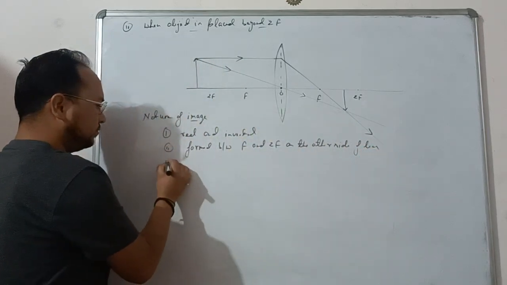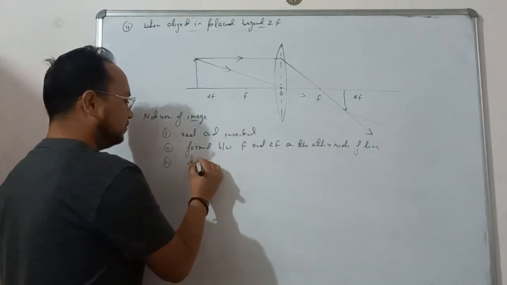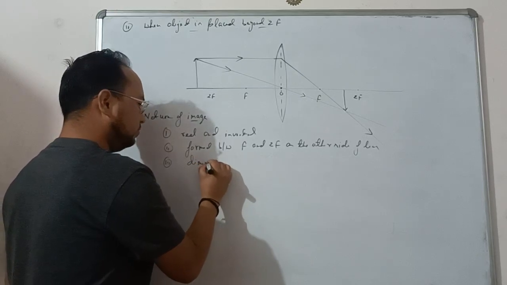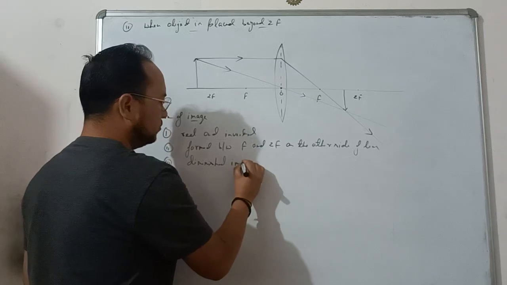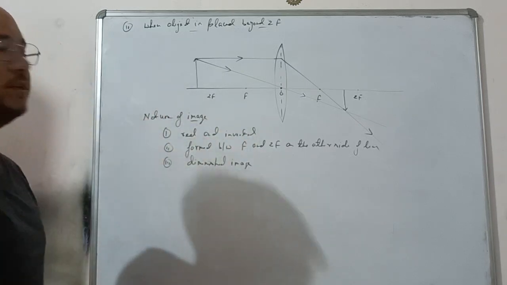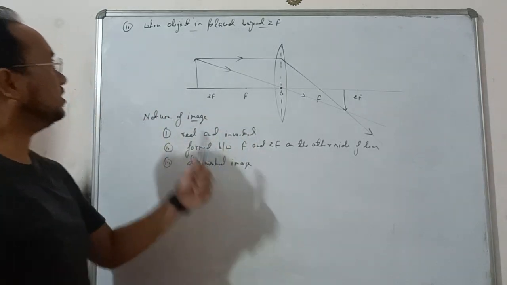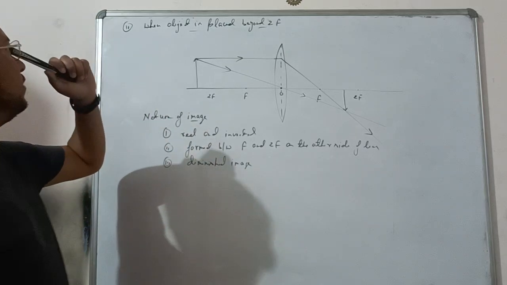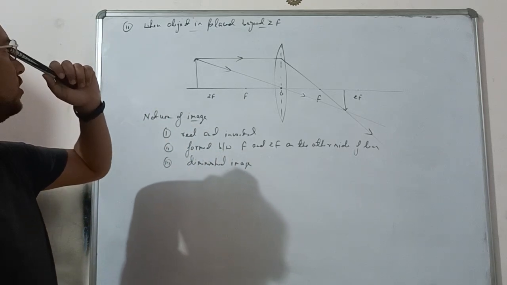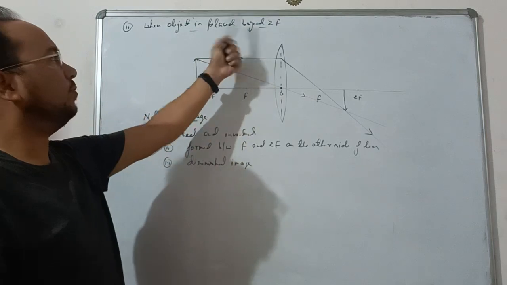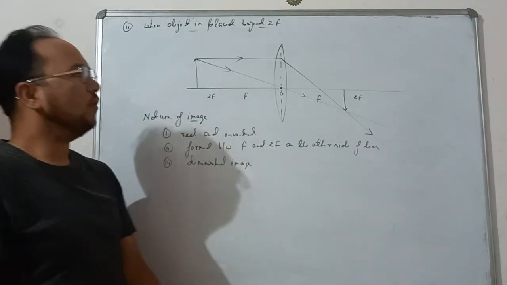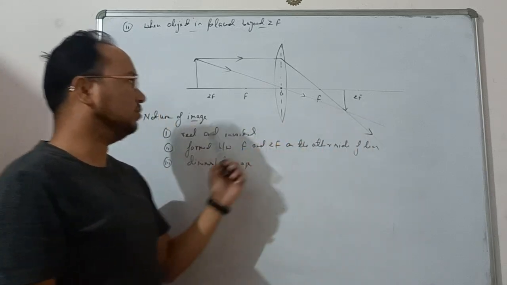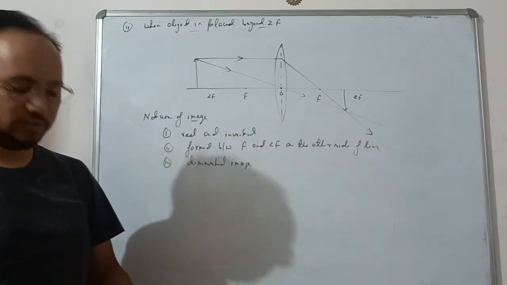And the last one is a diminished image. So this is the nature of the image. This is the second topic, where we have discussed the image formation of an object when it is placed beyond 2f. The nature of the image is real and inverted, formed between f and 2f, and obviously this is a diminished image.